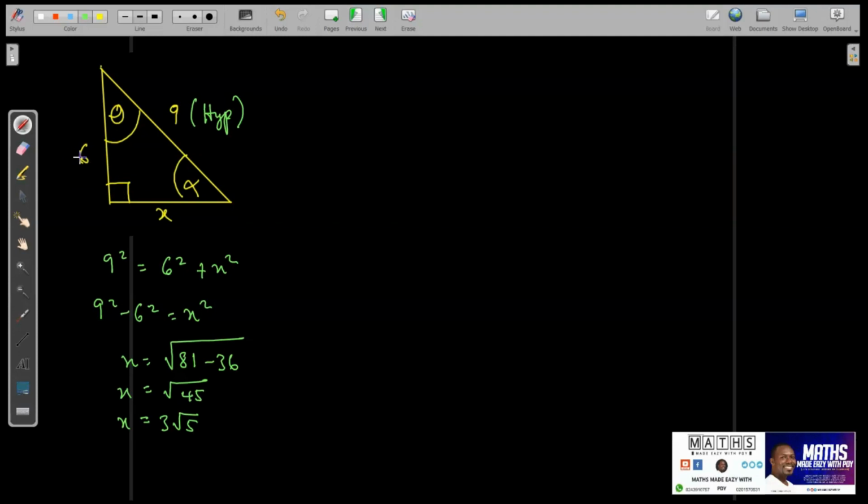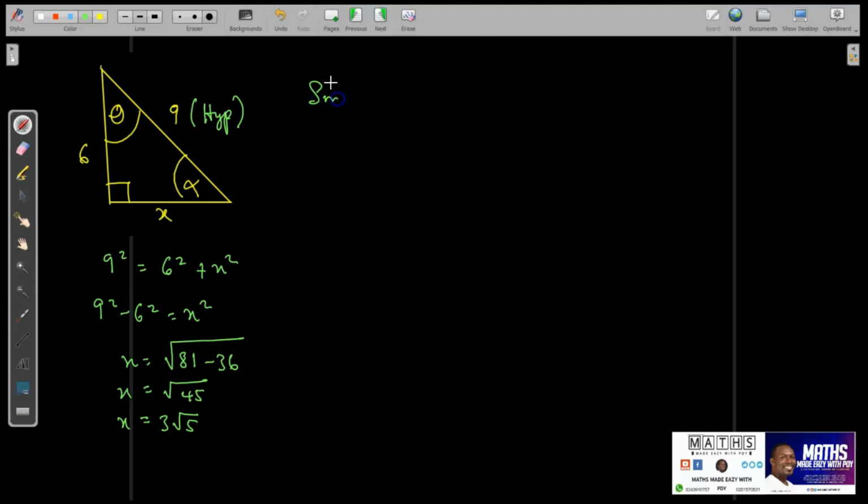Yes. All right. So finding alpha, knowing the 6, which is the side opposite to alpha, and 9, which is the hypotenuse, which trig ratio will be appropriate to connect opposite, hypotenuse and the angle alpha? Sine. Good.